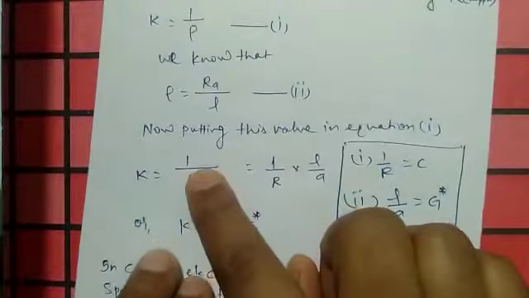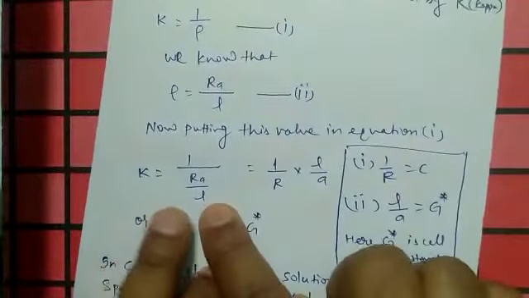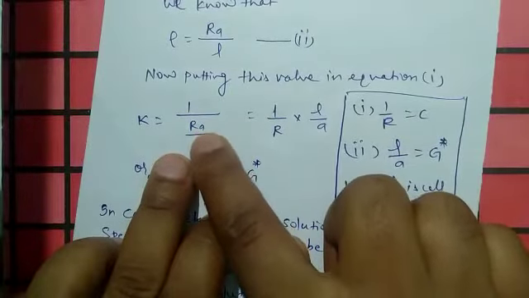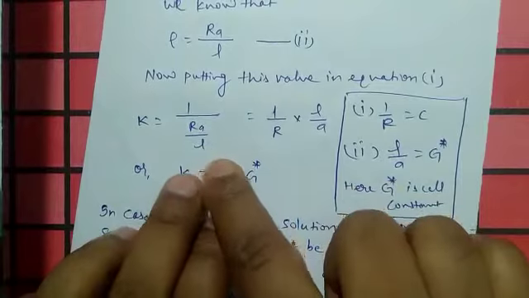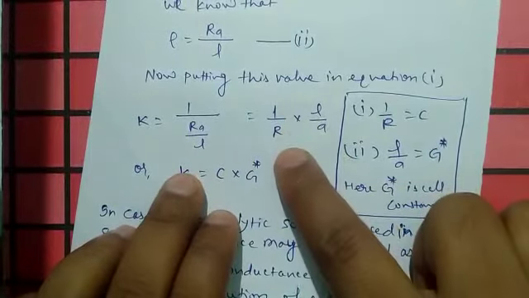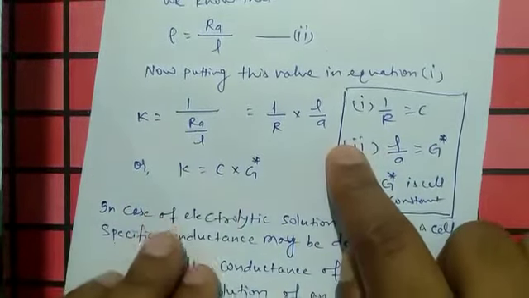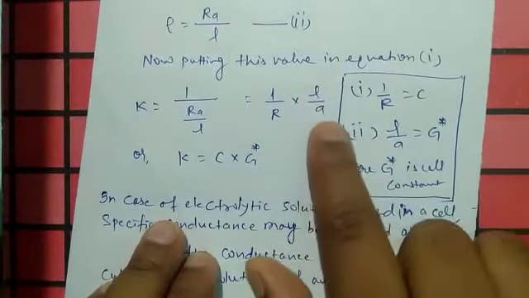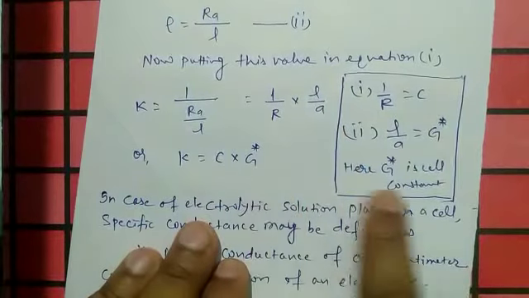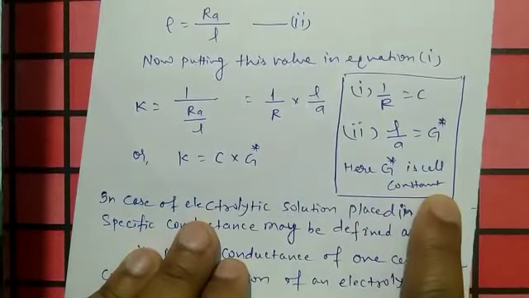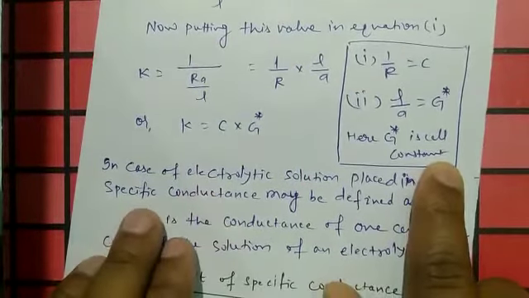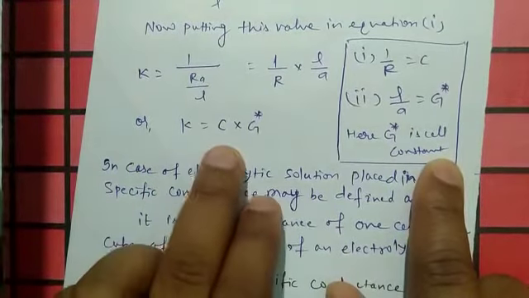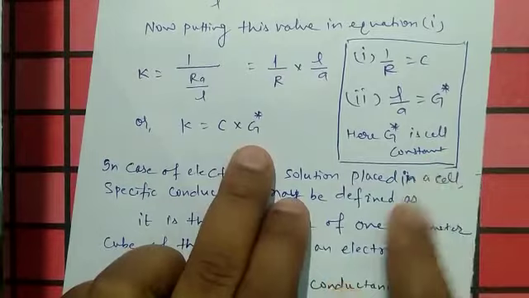So K is equal to 1 by R into A by L. So it becomes 1 by R into L by A. L by A is also denoted by G star, and here G star is called the cell constant. So specific conductance K is equal to C into G star.